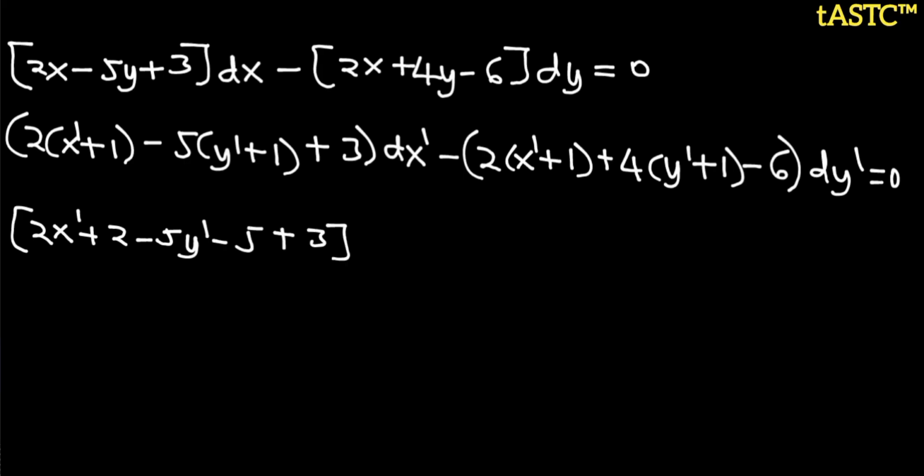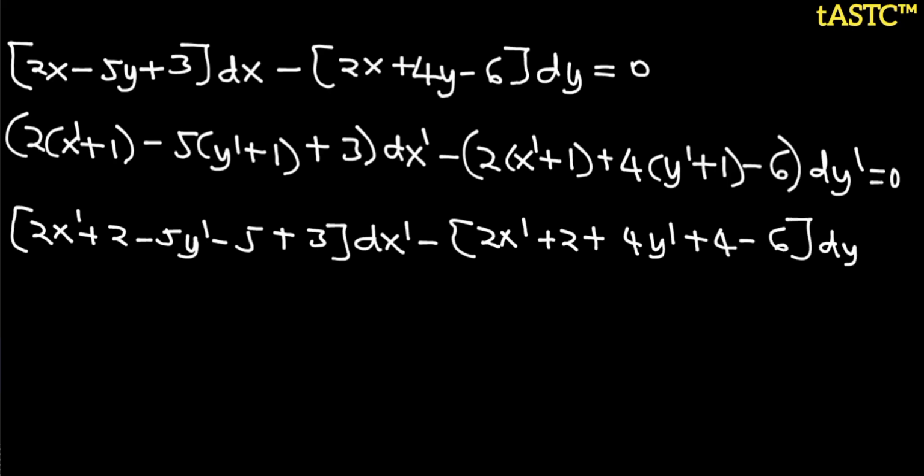This is dx prime minus this, this is going to be 2x prime plus 2 plus 4y prime plus 4, and this is minus 6. So we got dy prime, and that will be equal to 0.